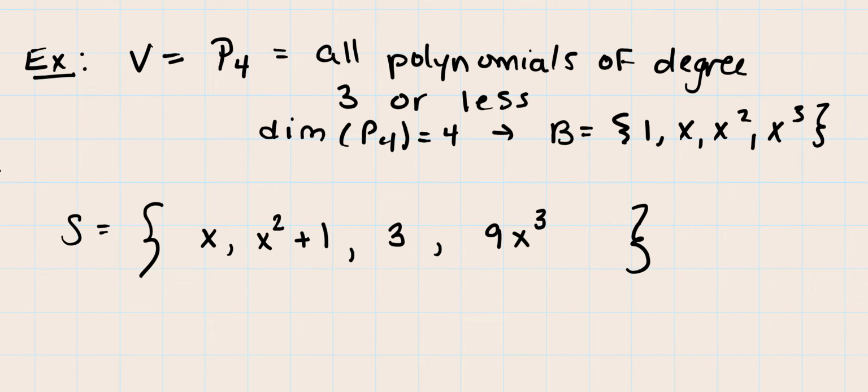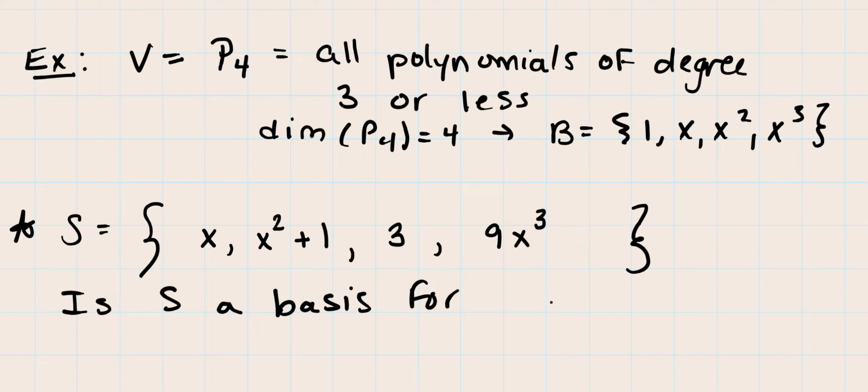We want to know if S, which is equal to this set, is a basis for V. Okay, so how do we figure this out? We need to see if these vectors are linearly independent. Because there's 4 vectors, it's possible that it is a basis.